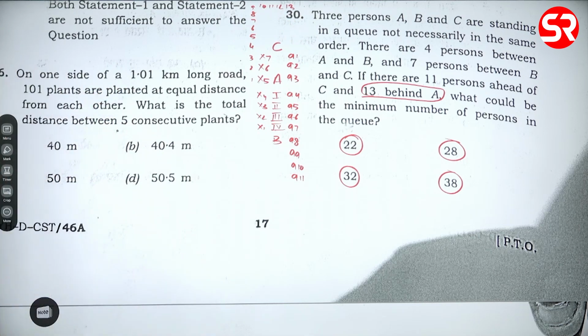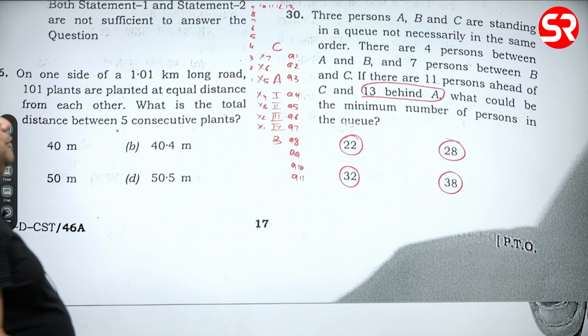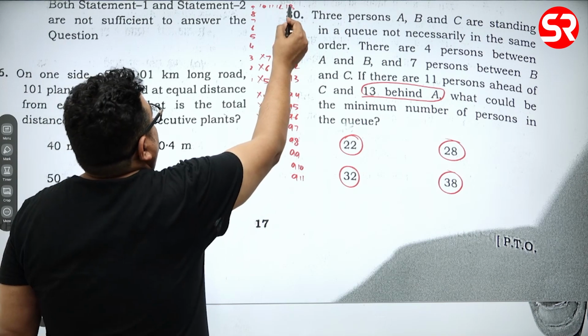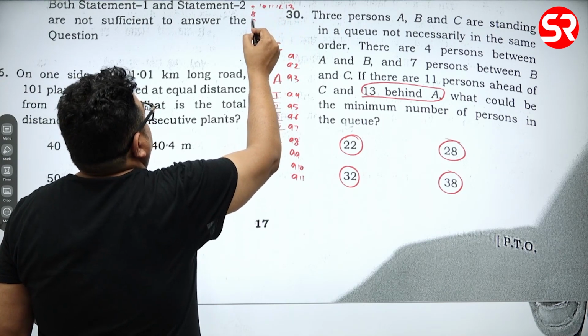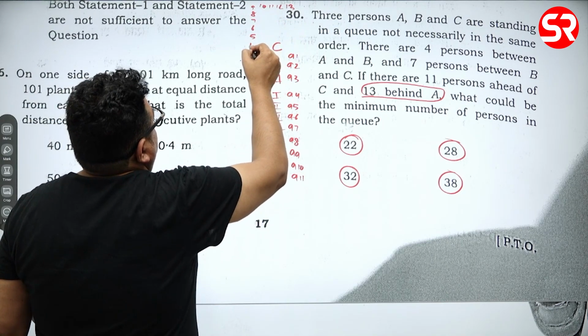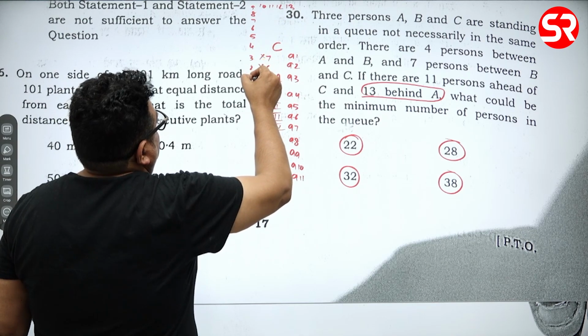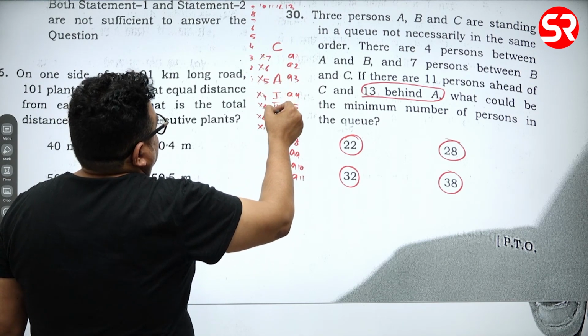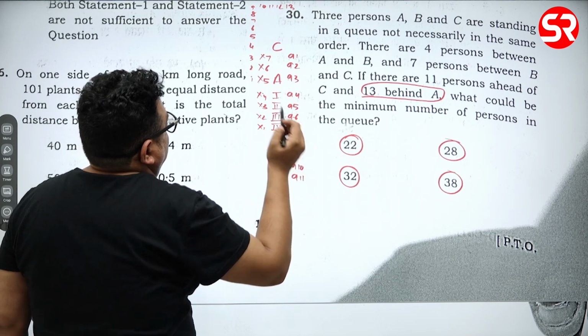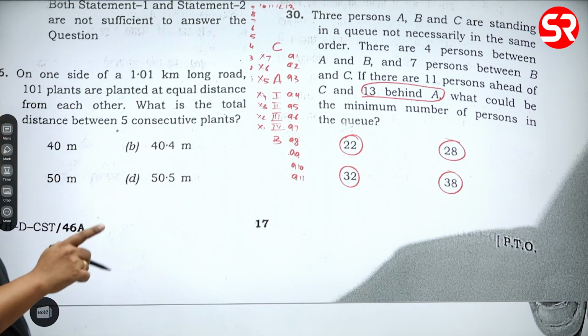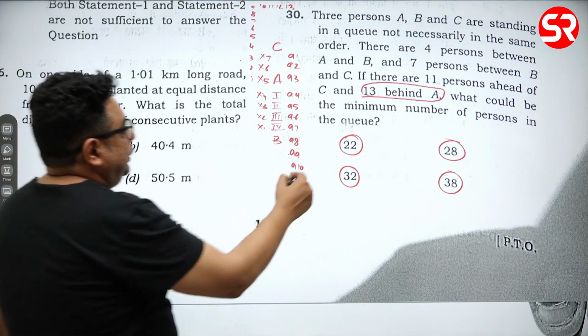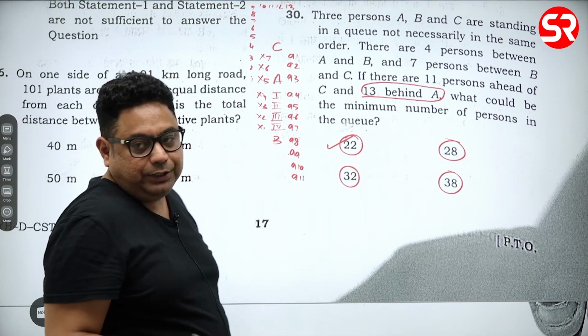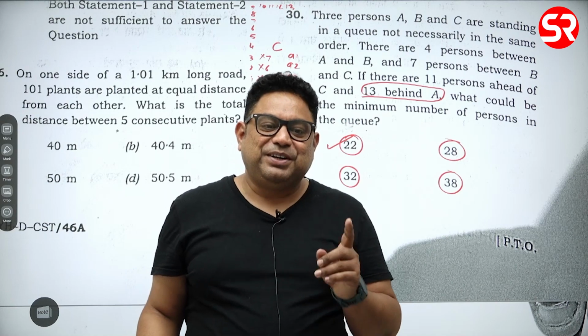And then you count it. So let's see how many are there. 1, 2, 3 up to 22. There are 22 people, if I haven't counted C, so minimum 22 people over here in a queue. So be very smart on this part.